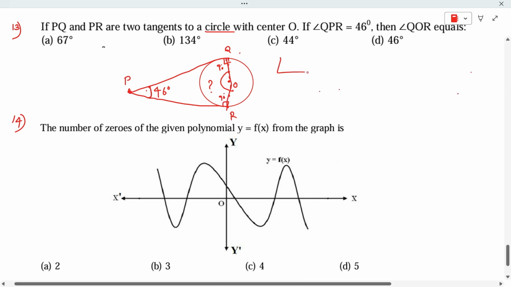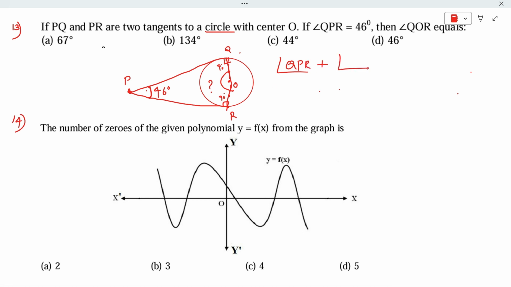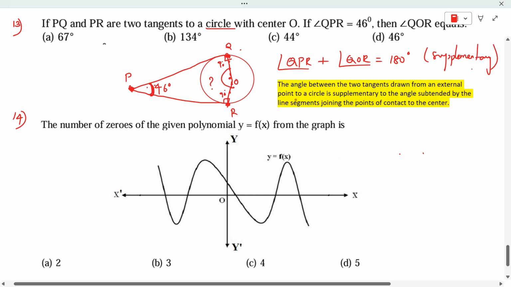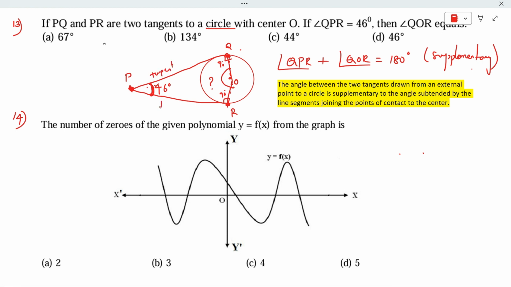So we have the proof where we know angle QPR plus angle QOR is going to be 180, supplementary. Why? This is because we already proved it, the angle between the tangents. So here the tangents are PQ and PR, right? So the angle between the tangents, 46 degrees, that is QPR, is always supplementary to the angle subtended at the center by the line segments joining the points of contact to the center.